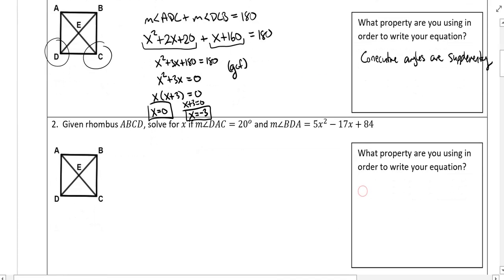Number 2, we're told it's a rhombus, and we're solving for x. If the measure of angle DAC is 20 degrees, I'll write that in there, and the measure of BDA, right in here, is your other angle.